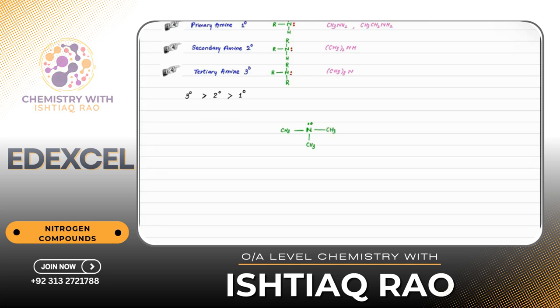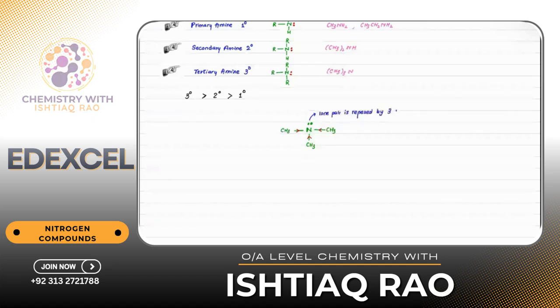And we know that CH3 is an electron donating group. They are going to donate electrons to the nitrogen. So the nitrogen is already having a lone pair of electrons, and this lone pair is repelled by the three methyl groups. Okay, so that means it's more available.